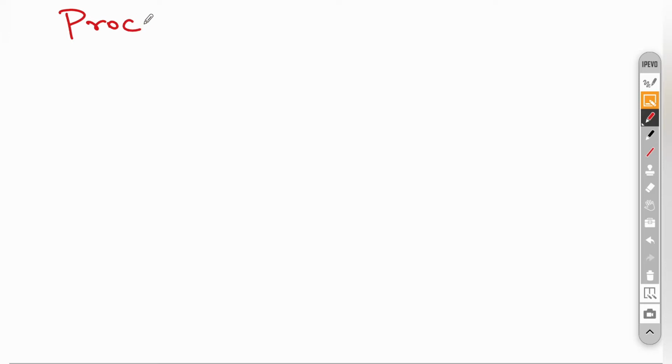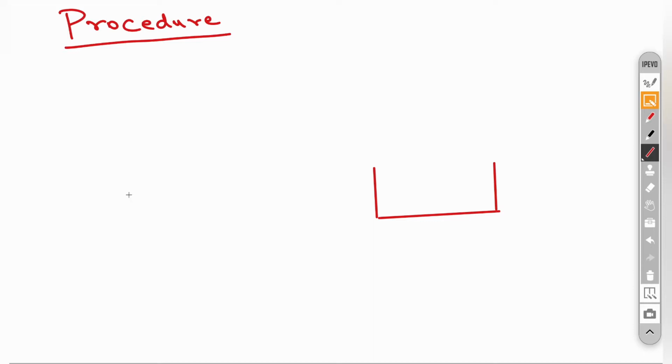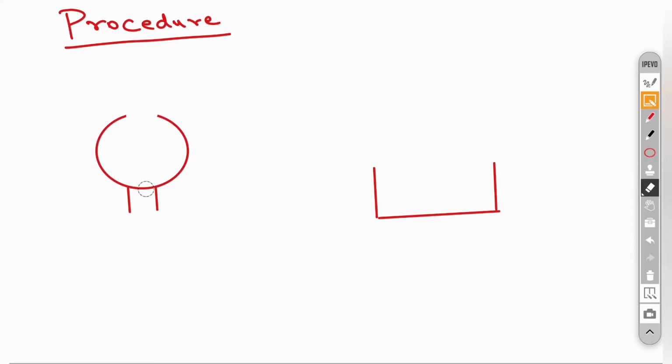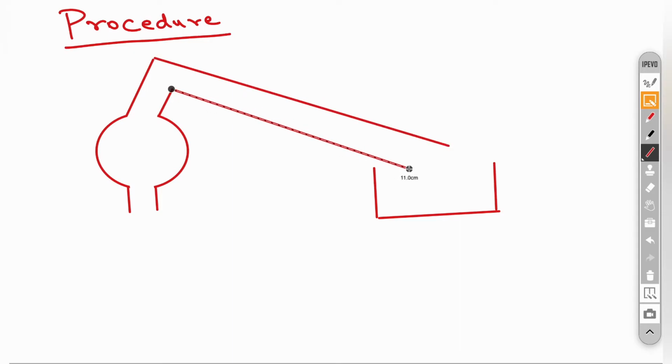Also, we'll write the procedure for the Victor-Meyer method. So we'll draw a diagram here so you better understand how the process is done. We'll draw a container here, another equipment, and this will be connected to the container here like this, and above it there will be another tube which we call the Victor-Meyer tube.